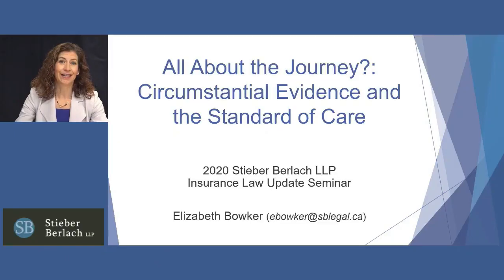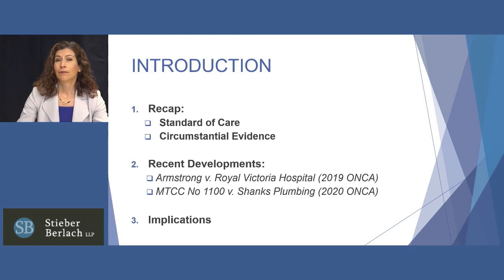So today we'll be talking about circumstantial evidence and the standard of care, and specifically two recent cases from the Ontario Court of Appeal. Before we get into those two cases, I want to give you a bit of a roadmap as to what we'll be talking about today.